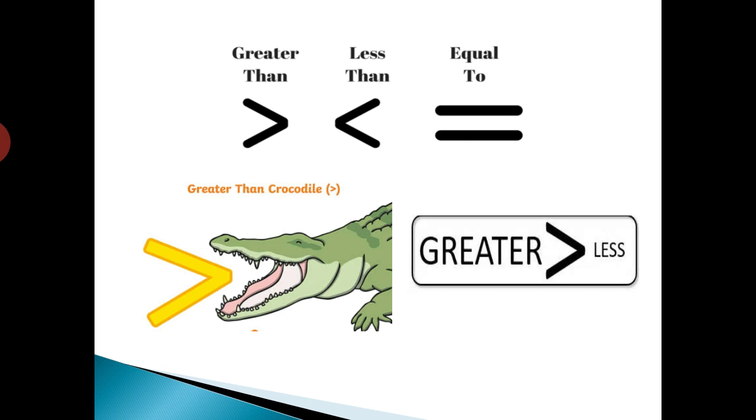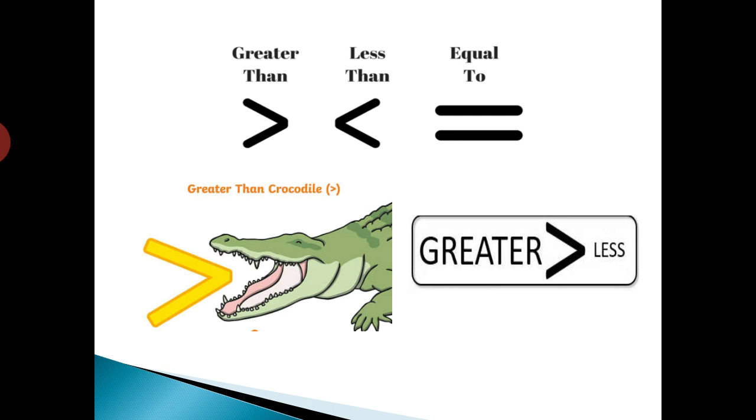Yes, so just remember one thing. See, this is a crocodile mouth. This symbol looks like a crocodile mouth. So the number that is greater, the crocodile eats that number, so the mouth will be open towards that number.